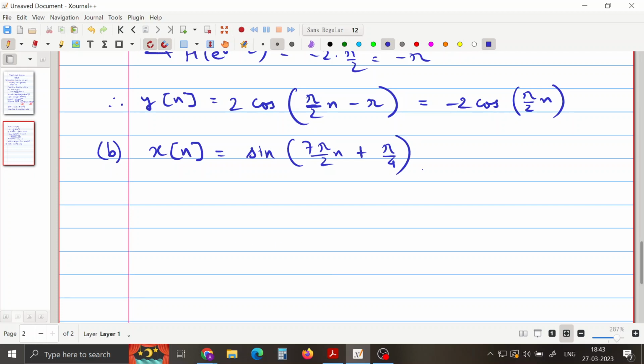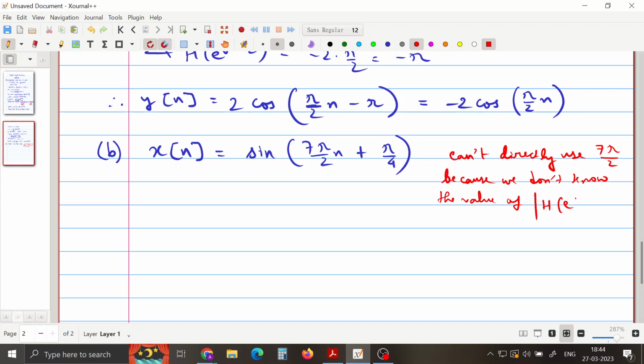So the remark here is that we can't directly use 7 pi by 2, because we don't know the value of this magnitude at 7 pi by 2.